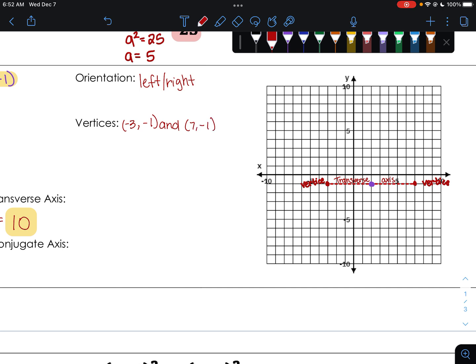So notice how we got that: we took our center of 2, and we added and subtracted 5 from that x value because this is a horizontal hyperbola.